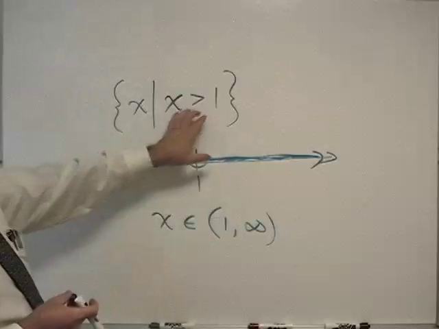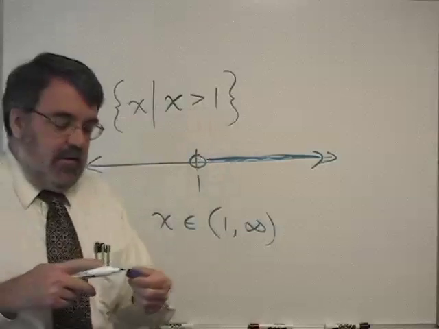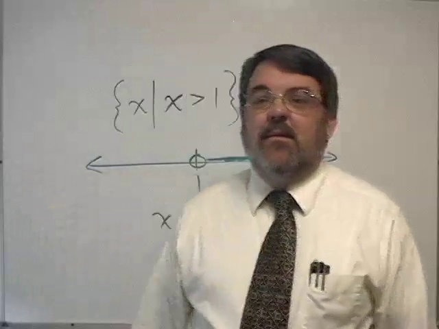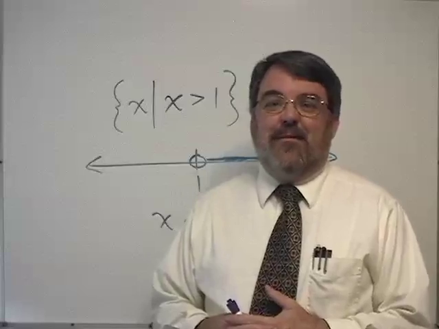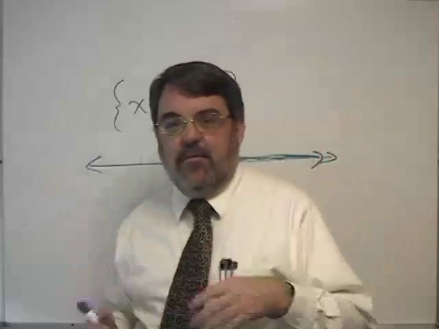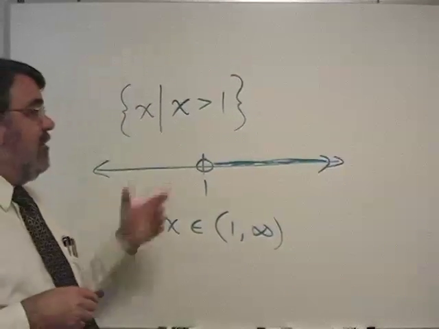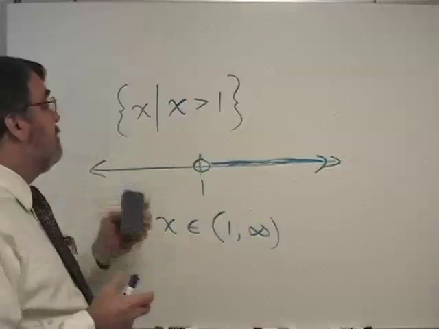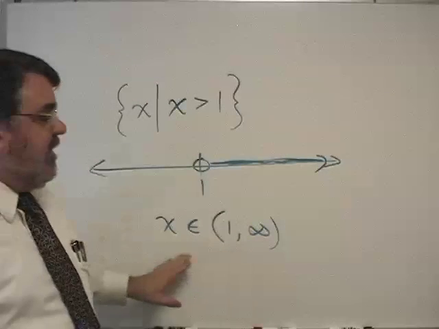So this is this interval written in set builder notation. Quite honestly, I just don't like it. I think it's a little pompous and a little too formal for our needs here. So I'm not going to worry about set builder notation. You don't have to do that for me. I think you'll find some answers in your course textbook are probably written that way, but I don't do that. But I do ask for interval notation.